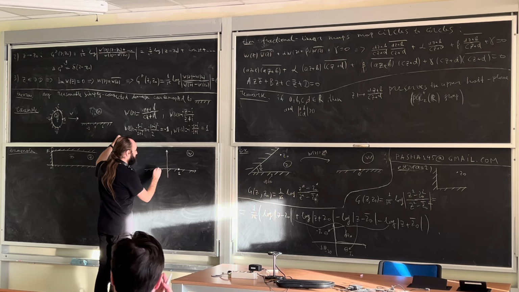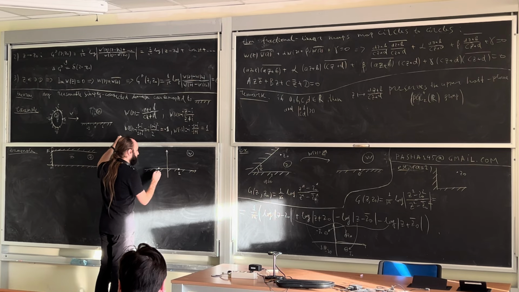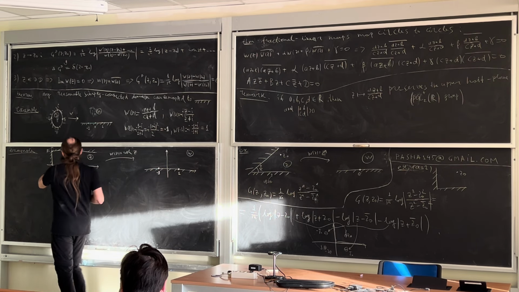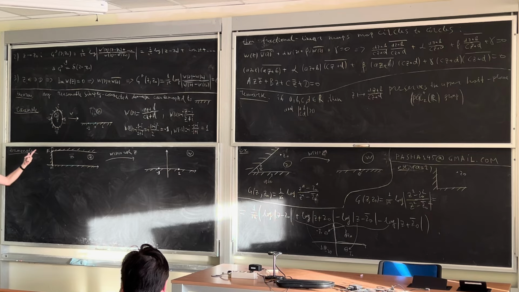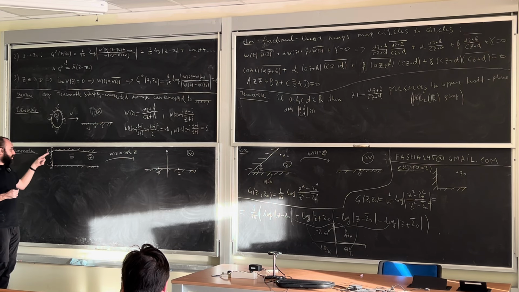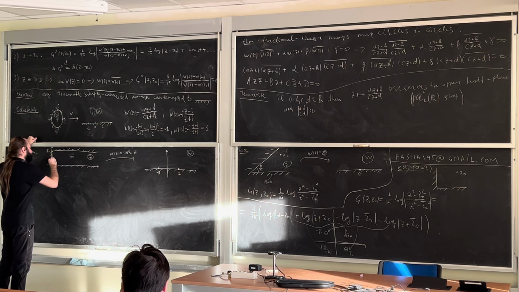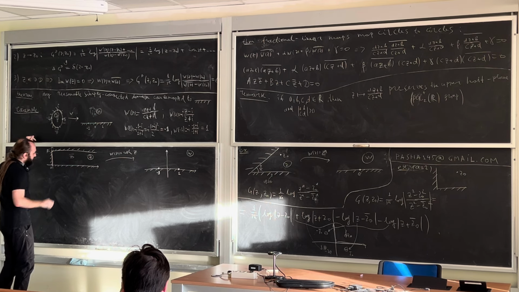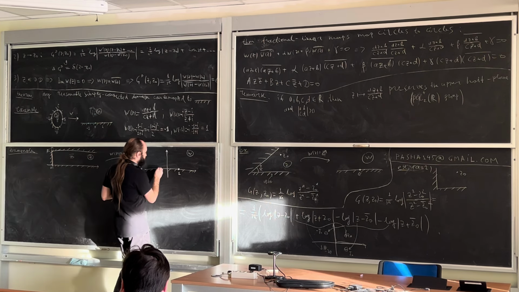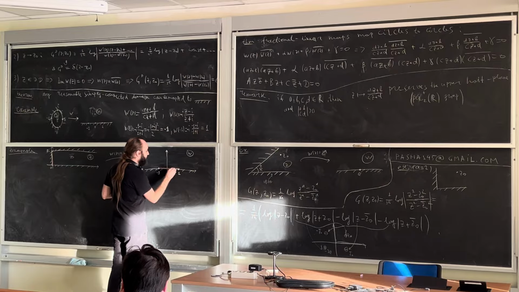And what is the image of this interval? Well, probably it's clear that it goes from 1 to -1, right? It's a continuous function. Yes, it's cosine, cosine from 0 to pi. So you see that this part of the boundary maps to this interval from 1 to -1.